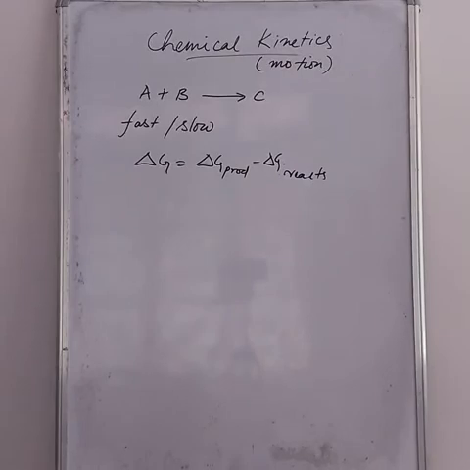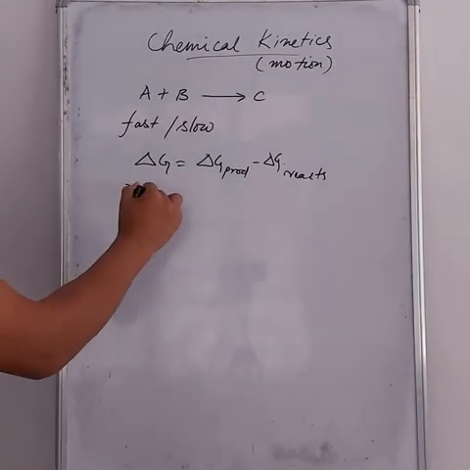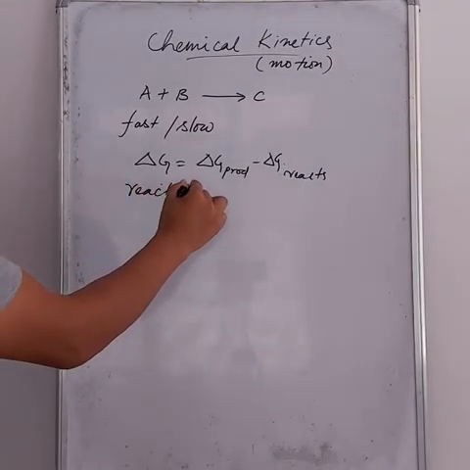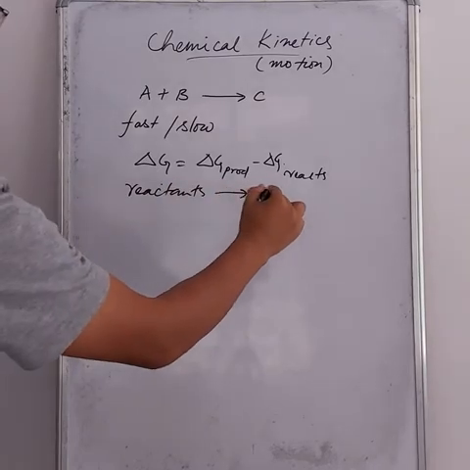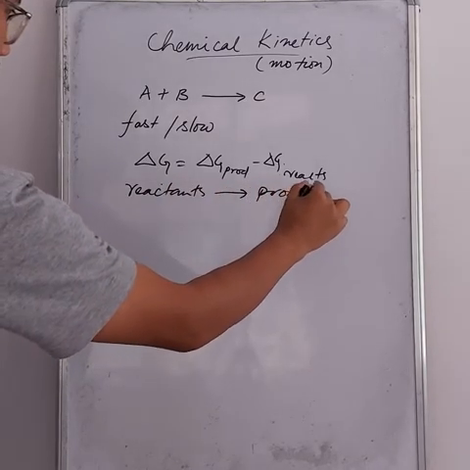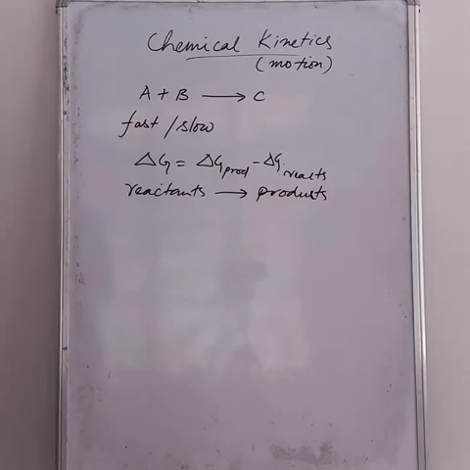So the reactants end up as products, and we know that the chemical composition changes, even in terms of appearance or reactivity. The products that we get are different from the reactants.